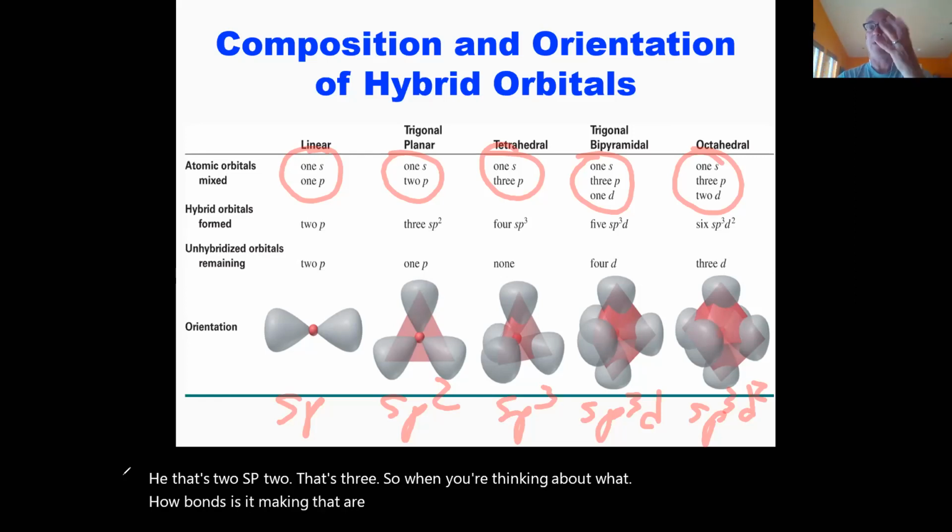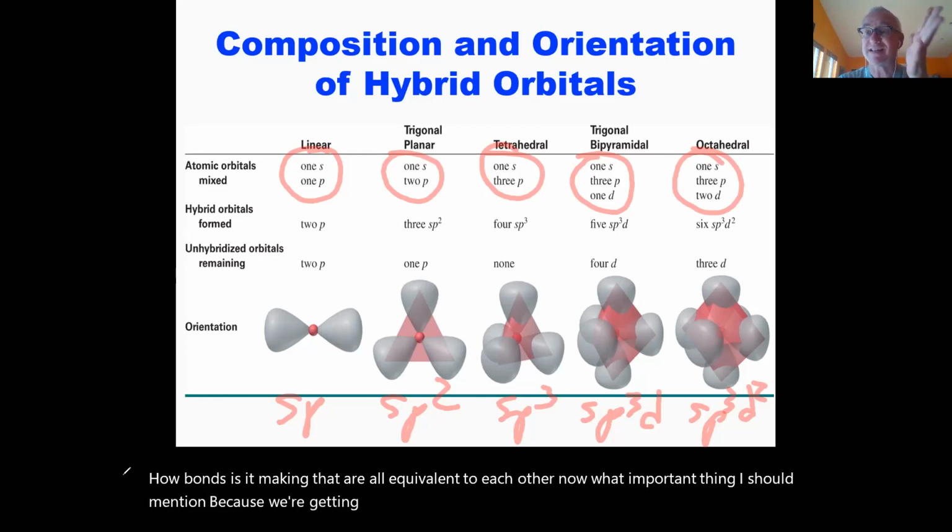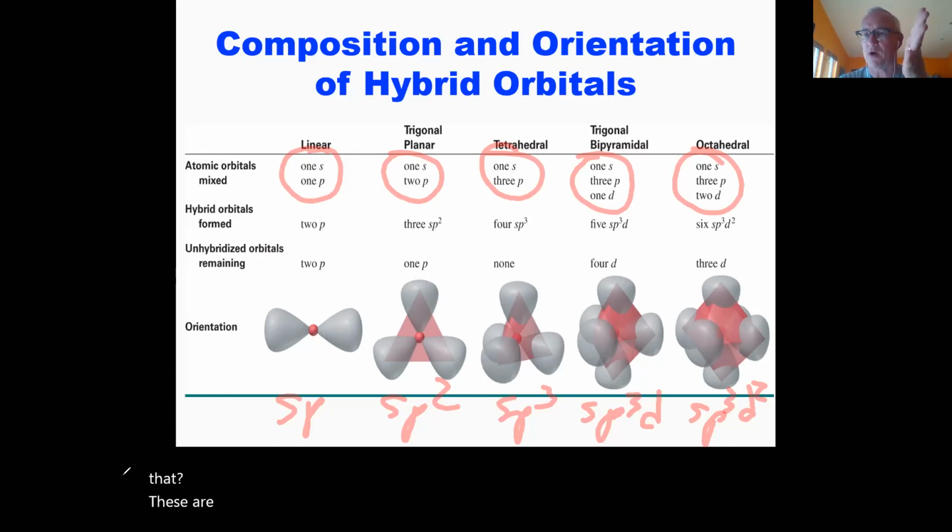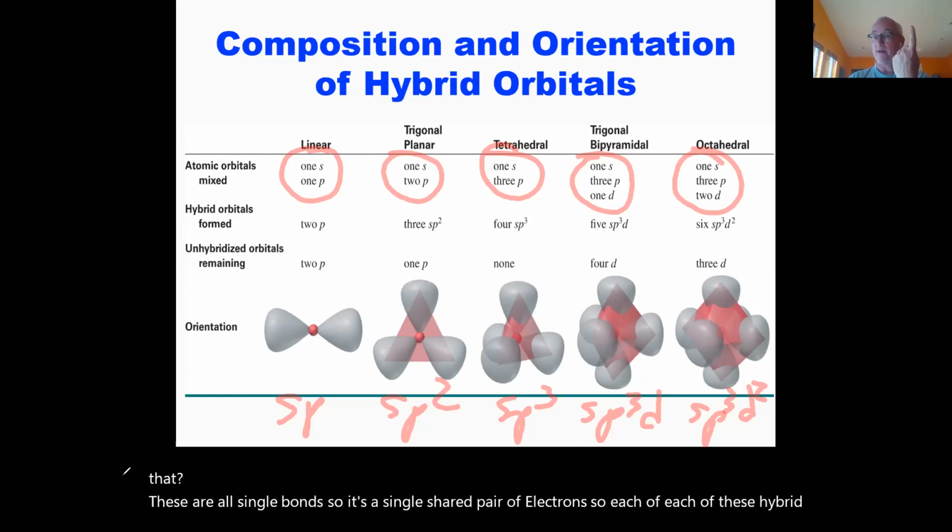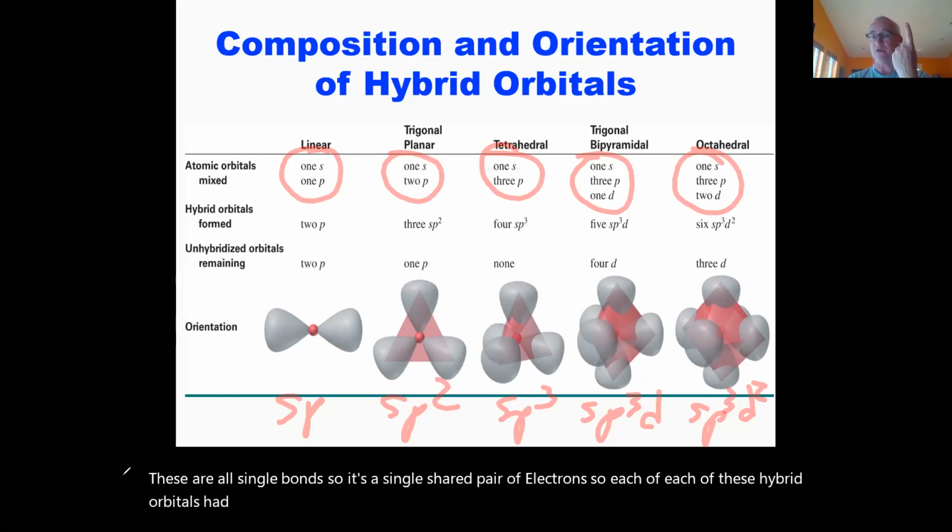And so when you're thinking about how many bonds it's making that are all equivalent to each other, one important thing I should mention, because we're getting to it in a minute: these are all single bonds. Have you noticed that? So it's a single shared pair of electrons. Each of these hybrid orbitals had 1 electron in it, so it would share with 1 electron from an incoming atom that would overlap.